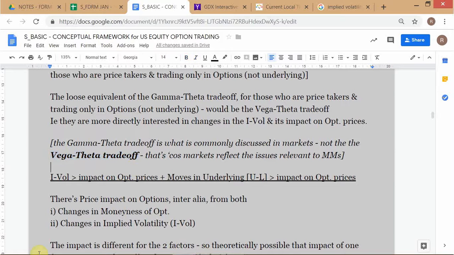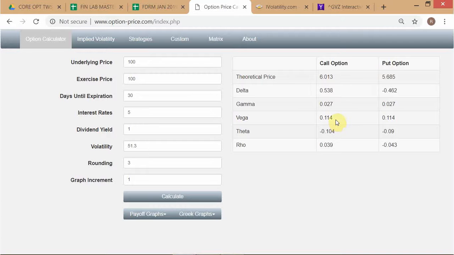It's similar to the gamma theta trade-off, because remember Vega is the sensitivity of the option price to changes in the vol input. If the I vol increases so that the fair value keeps pace with the market price, how much will the call option price increase by? That is given to you by the Vega.